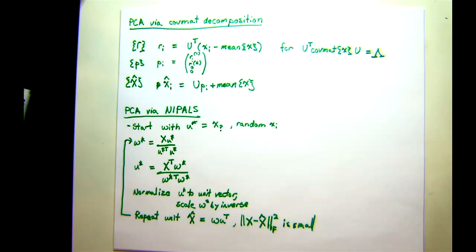Now, when you're doing the iterations, you don't need to rescale W right away, because each iteration you're going to calculate a new W anyways. So the scaling doesn't matter as you're running the algorithm. However, at the very last step, when you finally stop, if you rescale U, you have to rescale W by the inverse. So you only need to do that at the very end, just to make sure that W is the right scale.